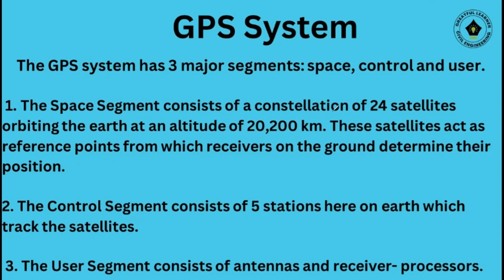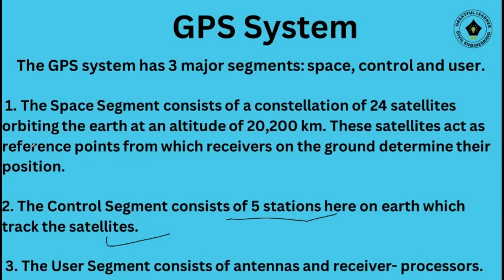These satellites act as reference points from which receivers on the ground determine their position. The control segment consists of five stations on the Earth which monitor the satellites. The user segment consists of antennas, receivers and processors. These are the three major segments of GPS: space, control and user.